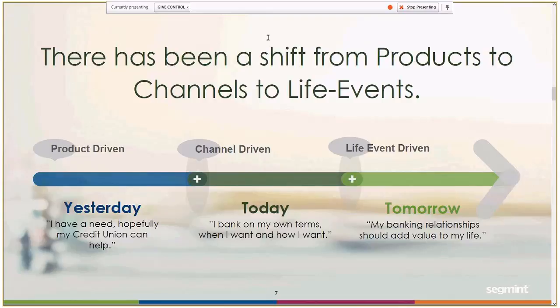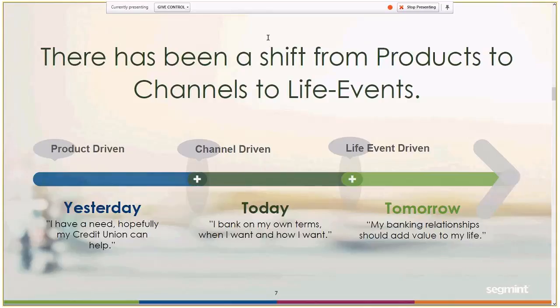And really, expectations of our members are shifting as well. It's really the expectation of the member of what they expect to be provided from their institution and from the credit union. And so this timeline here that you see on screen now really speaks to that evolution that we're seeing with the expectations of our members.